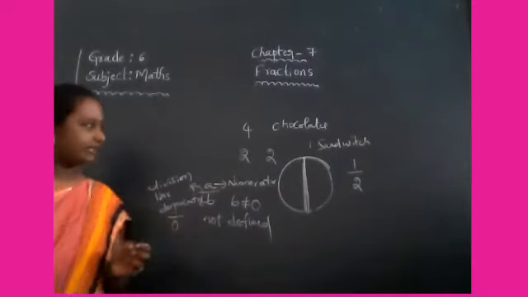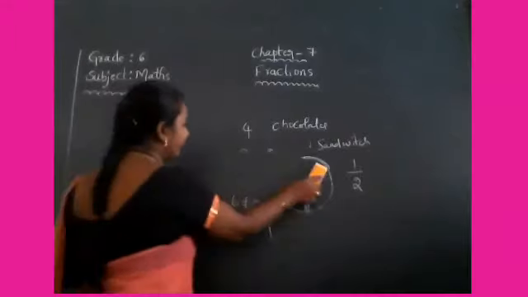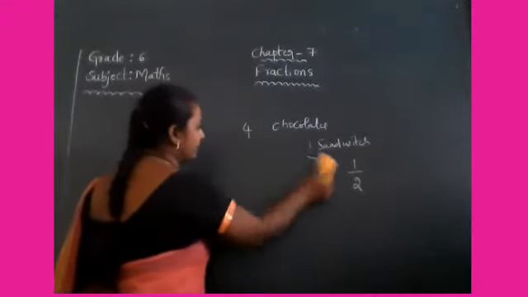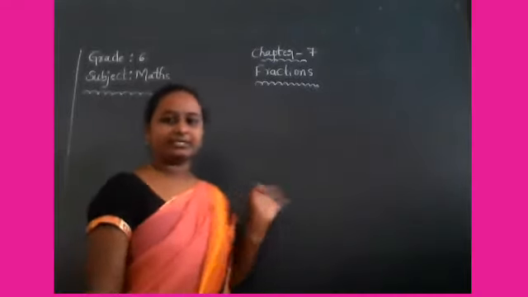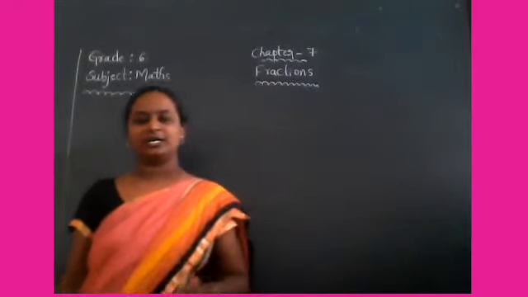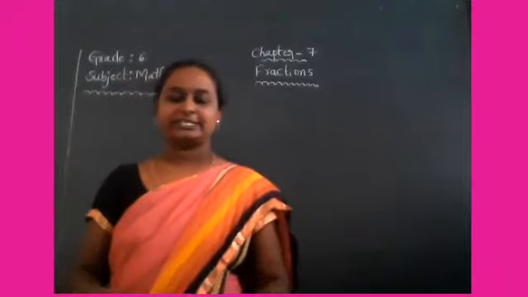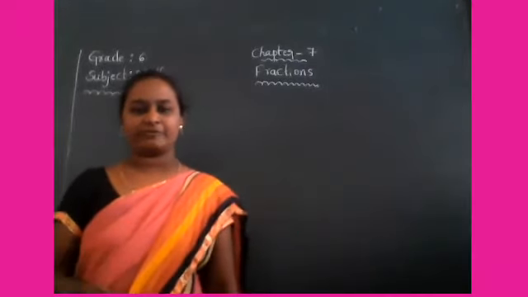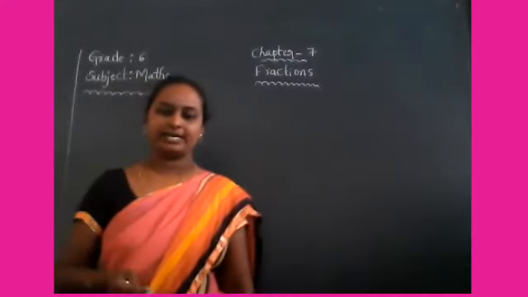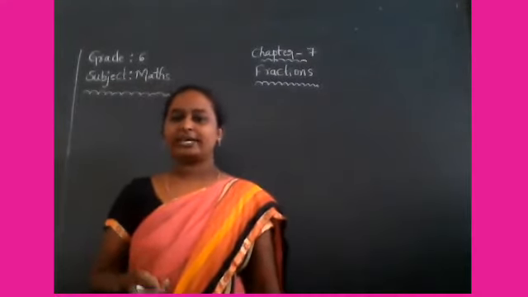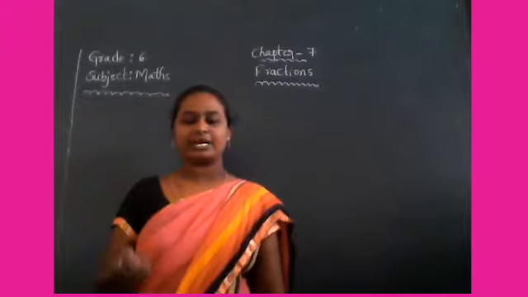Now we have different types of fractions, that one later we will explain. In this chapter you are going to learn first of all what is a fraction, how many types of fractions are there, how to represent fractions on the number line, how to add 2 fractions, 3 fractions, and how to subtract the fractions.